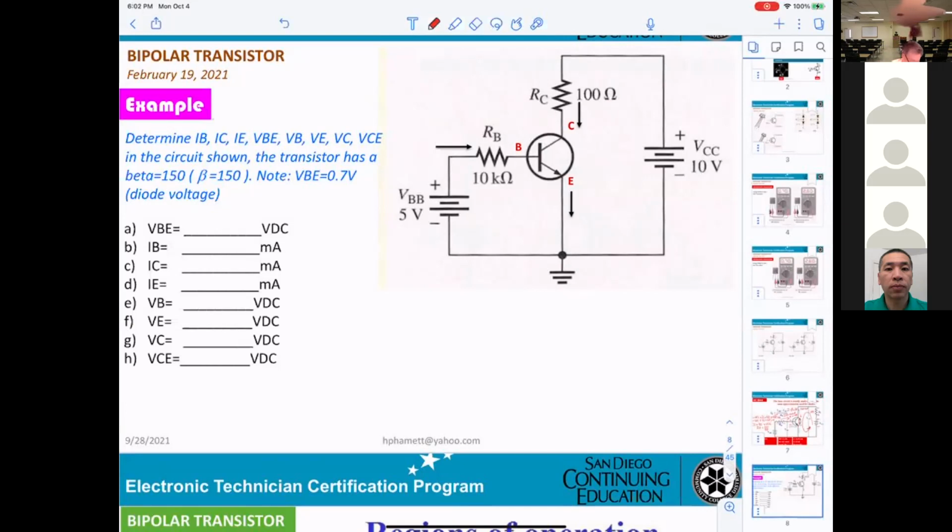So the first thing, VBE, you know, that will be 0.7. Easy.